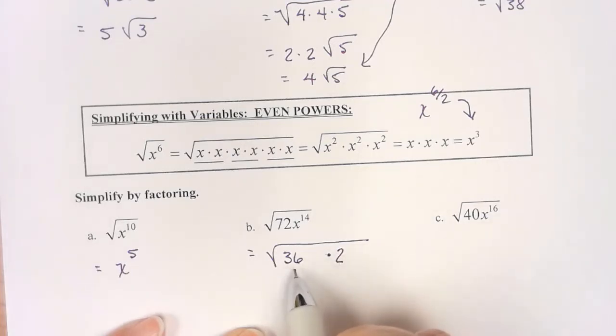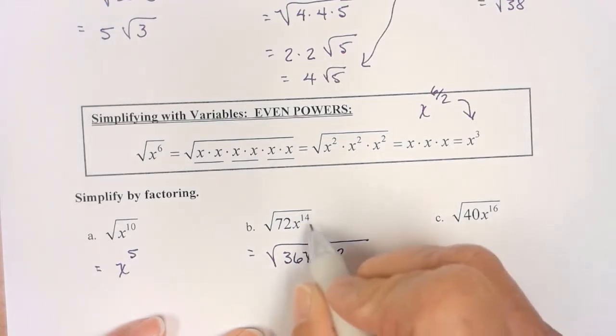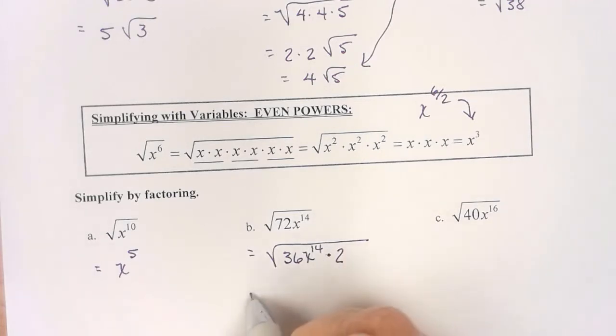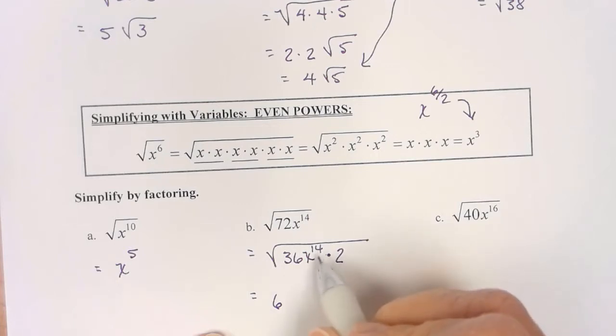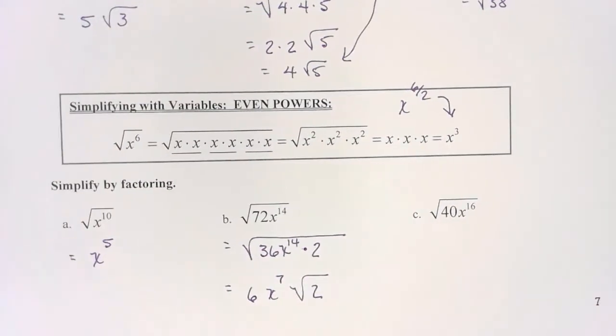I always put the perfect squares up front, so I know they're going to come off, but the ones behind the times sign are stuck. Since that's even, it's going to come off completely. The square root of 36 is 6. x, 14 divided by 2 is 7, but the square root of 2 stays. So that's my final answer.